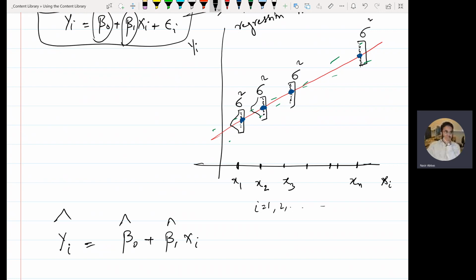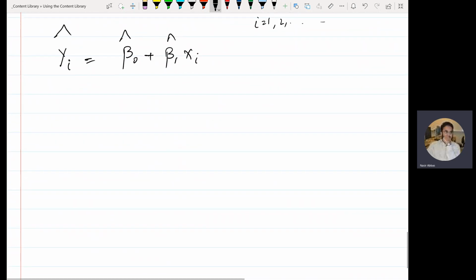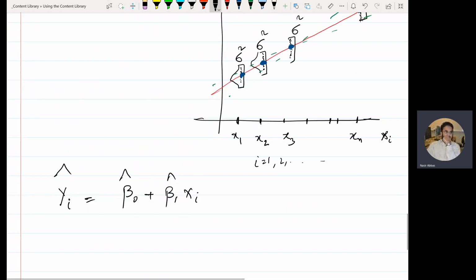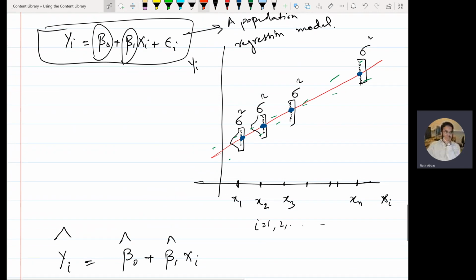The one we are going to use in this course to estimate these two quantities, and by the way, in this line there is another third hidden parameter, which I will talk about later. Currently, you see only two parameters, beta naught and beta 1, two unknown quantities, but there is another third hidden unknown quantity. I will talk about that later. For now, the objective is to estimate these two quantities.